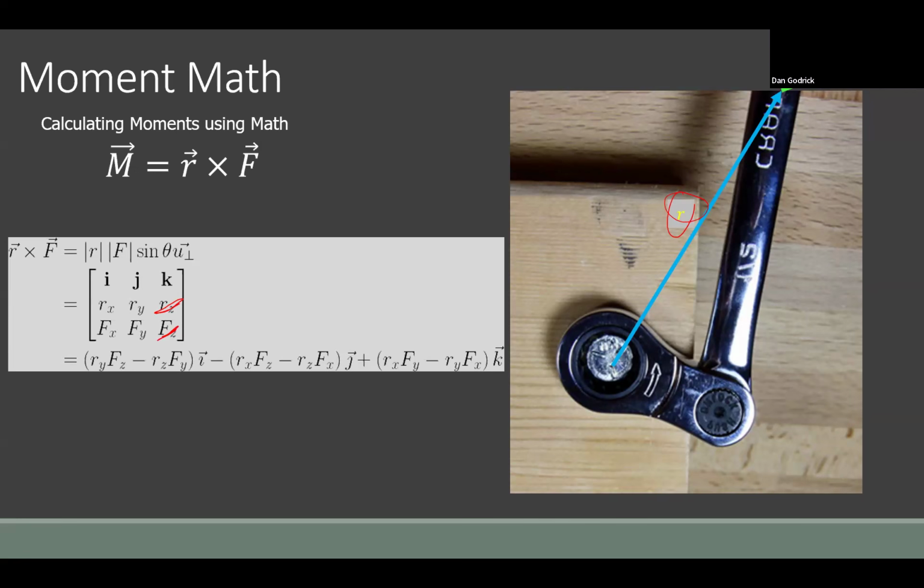So anything with an Rz or an Fz is zero. So these terms are all zero and those terms are all zero. And what we see is we have Rx times Fy positive minus Ry times Fx. So that's negative. So things are consistent no matter what we choose. So we can use whatever method works best for us.